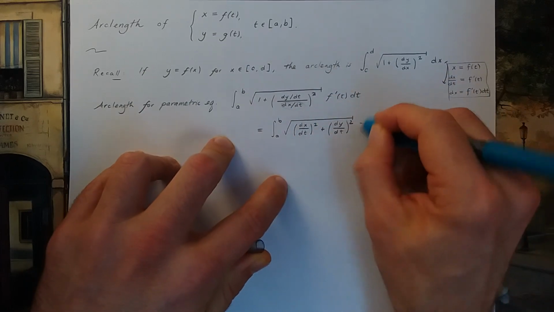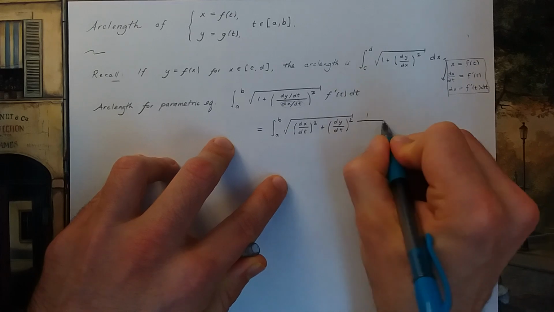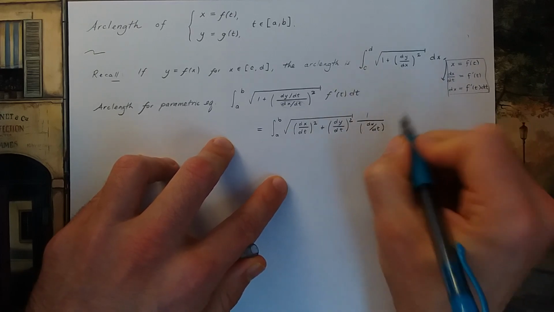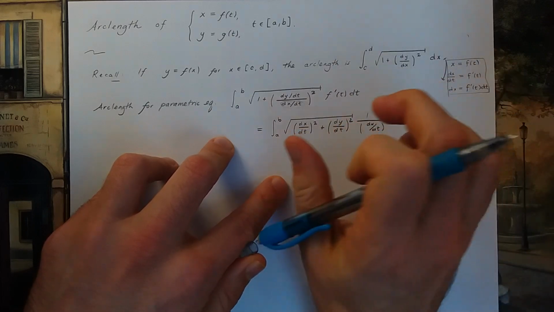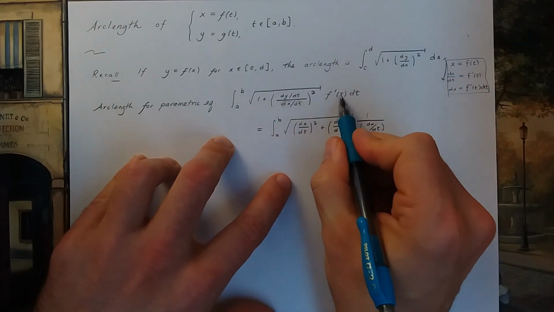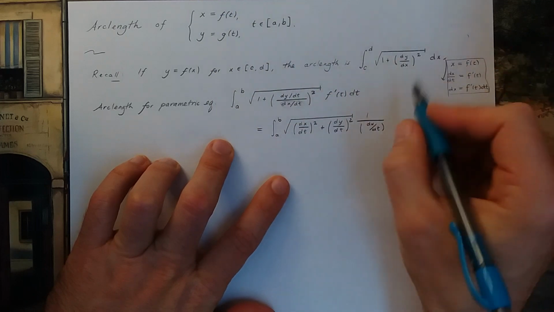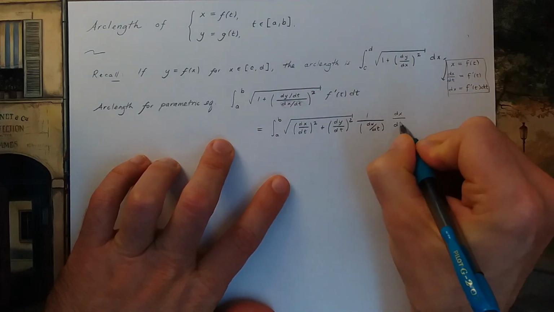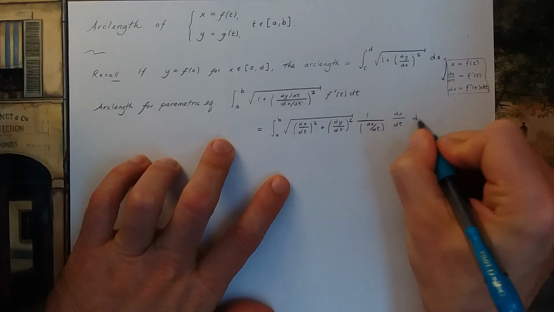So I should write 1 over dx/dt. And I still have this f prime, that's the derivative of x with respect to t, so I'm going to write that as dx/dt, and then I have this dt.